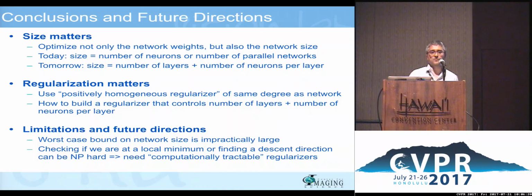So we should be using degree k, for instance, for a network with k layers. Now, how to build more sophisticated regularizers that are able to capture many layers is an open problem from the perspective of optimization, but you will see from Raja's talk how to build regularizers with good generalization performance in a moment.